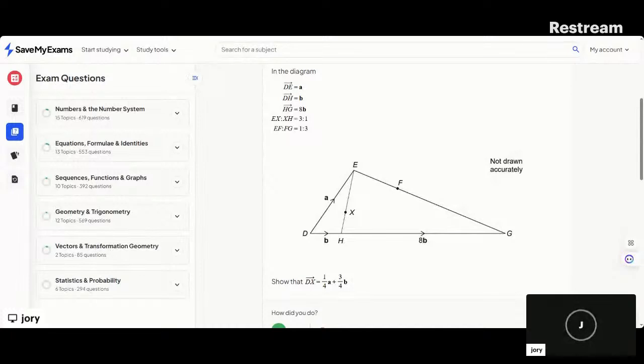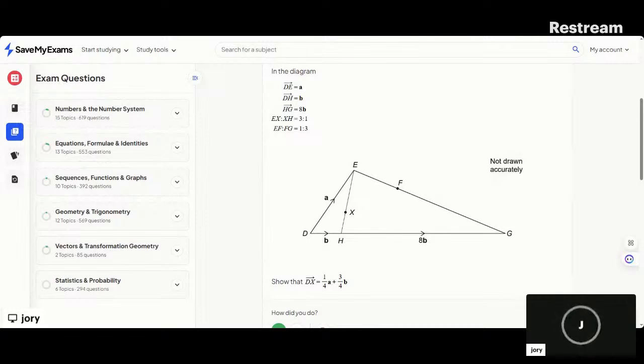Now that we found EF, we're going to find DF. DF equals DE plus EF equals, what's DE? We found DE before, didn't we? Oh, given.